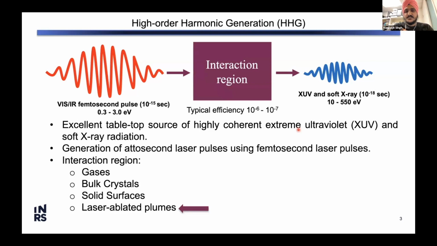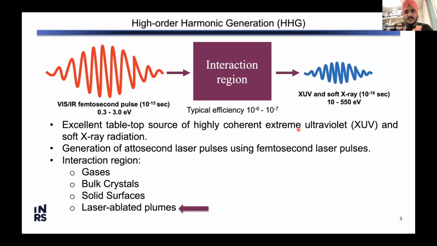The high-order harmonic generation process is an extremely nonlinear optical phenomenon that takes place when an intense femtosecond pulse, typically of visible or infrared wavelength, interacts with an interaction region. And this results in the generation of extreme ultraviolet and/or soft X-ray radiation, as coherent pulses.